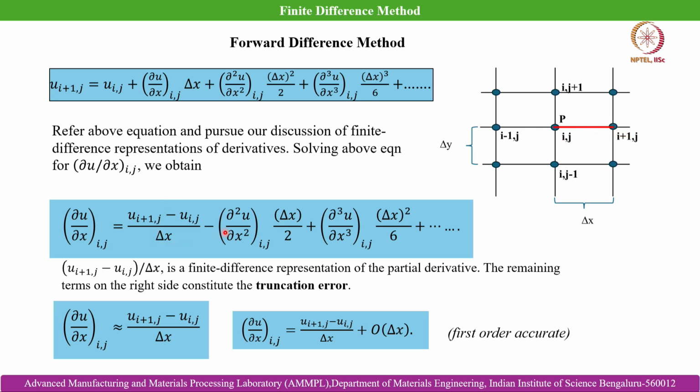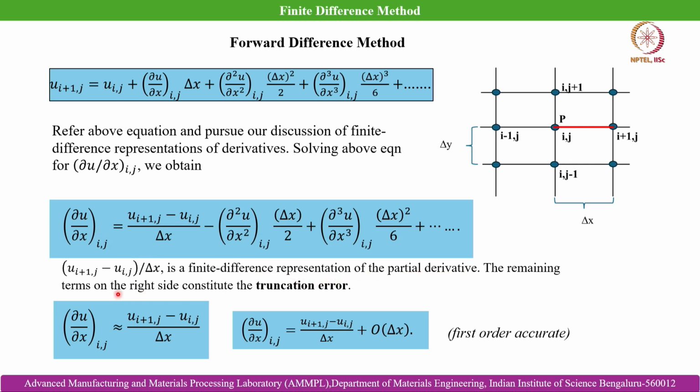So, minus these are the higher order derivatives, which are minus del square u del x square delta x by 2 plus del cube u by del x cube. So here we can get that u i plus 1, j minus u i, j by delta x is a finite difference representation of the partial derivative, that is del u del x.